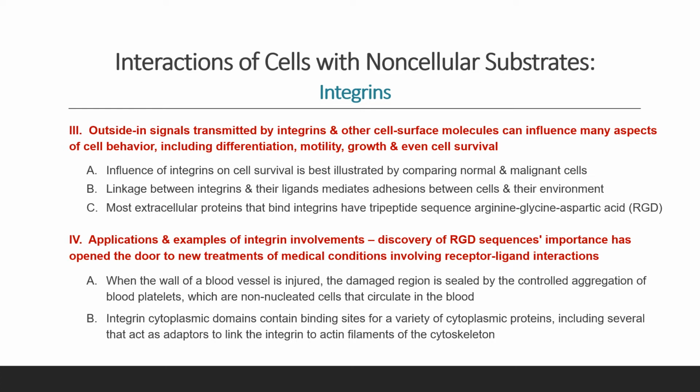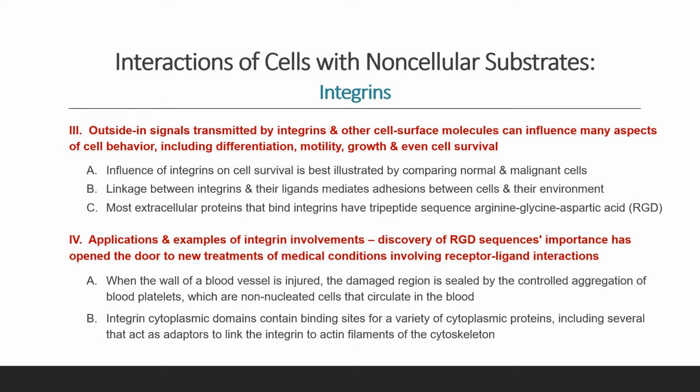When the wall of a blood vessel is injured, the damaged region is sealed by the controlled aggregation of blood platelets, which are non-nucleated cells that circulate in the blood. The integrin cytoplasmic domains contain binding sites for a variety of cytoplasmic proteins, including several that act as adapters to link the integrin to actin filaments of the cytoskeleton.